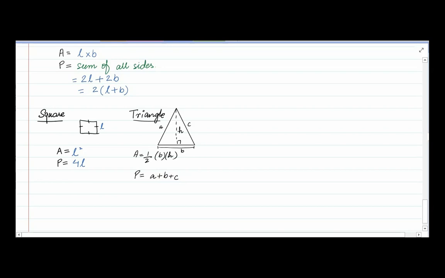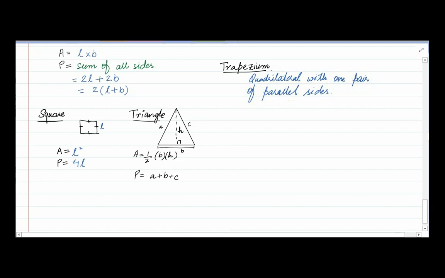Now after triangle, if we move to another shape, I am going to pick trapezium. Now what is a trapezium? A trapezium is a quadrilateral with one pair of parallel sides.